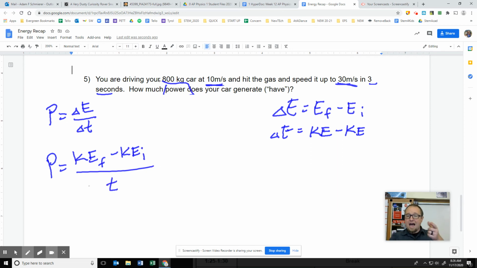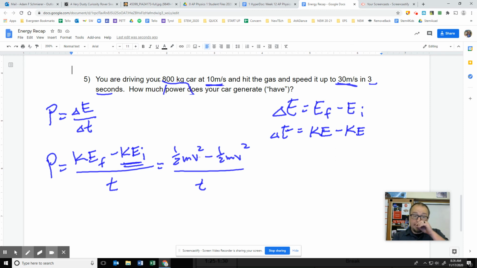Now, in class, we just said, hey, you raised it, and you got there, and so you just had mgh. Or, hey, we pushed it from rest, so it just ended with kinetic energy because we started with an initial of 0. But if I wanted to give you exposure to this problem, what if we start with speed? So kinetic energy final minus initial, 1/2 mv squared minus 1/2 mv squared all over time.